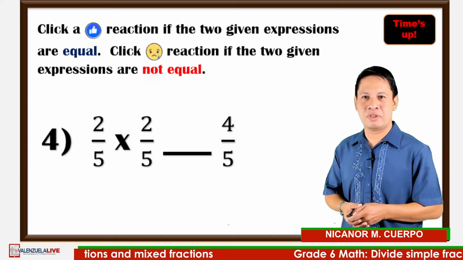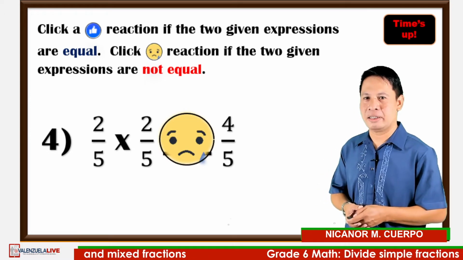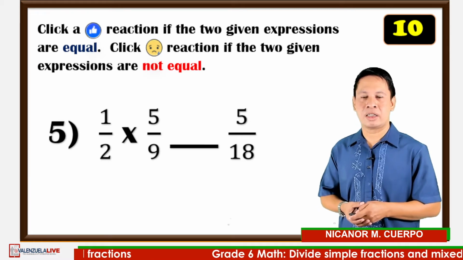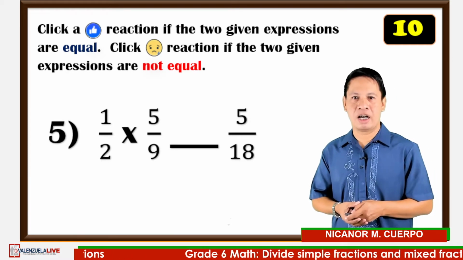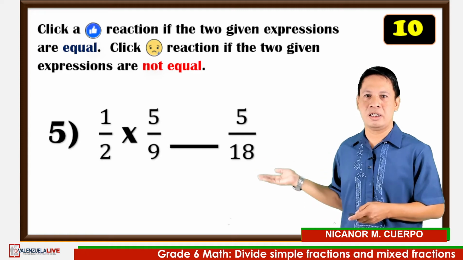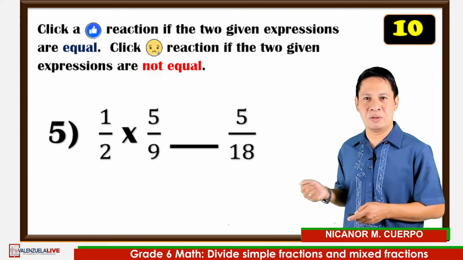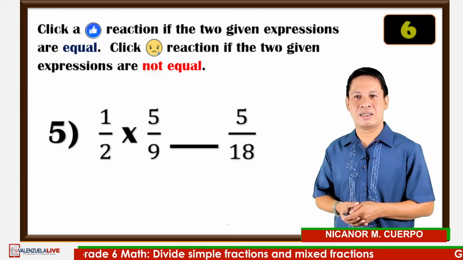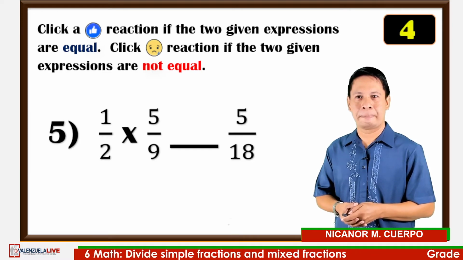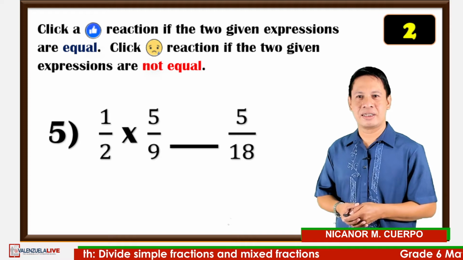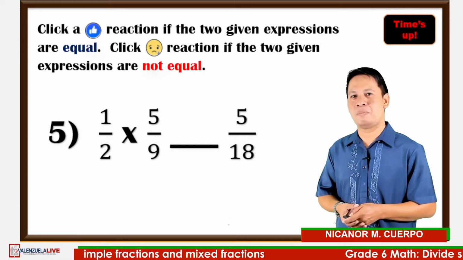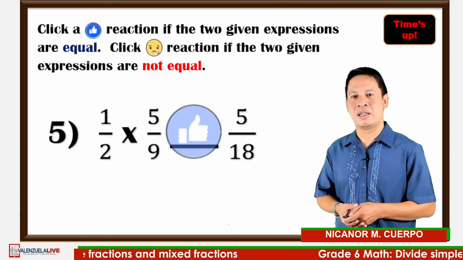Okay, time's up. The correct answer is sad. For the last number, 1/2 times 5/9 blank 5/18. Is it like or sad? Go. Time's up. The correct answer is like.